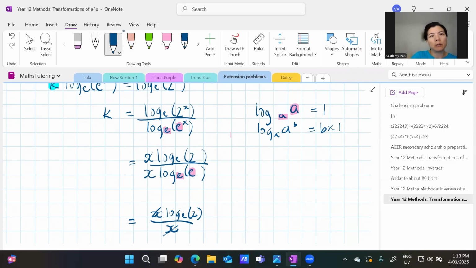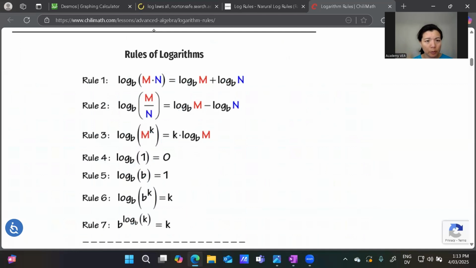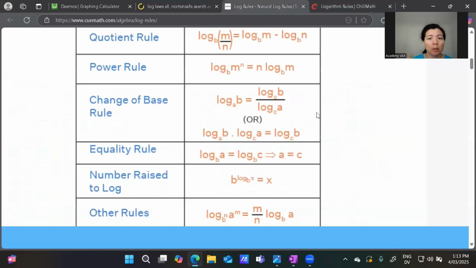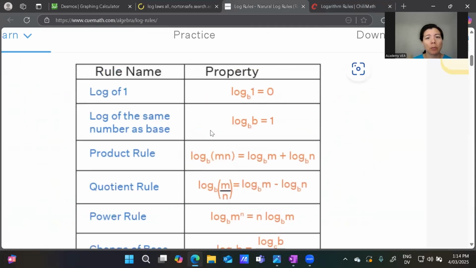And then recognize that log to the base e of itself has to equal 1. So that was the in-between step right there. Log to the base anything of the same thing equals 1. And that, according to log rules, is number 5 on this list: log of the same number as base.